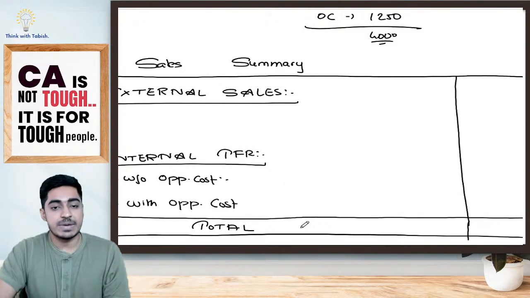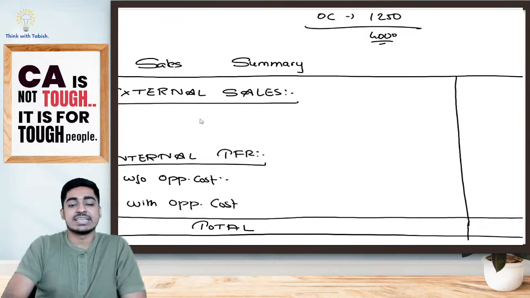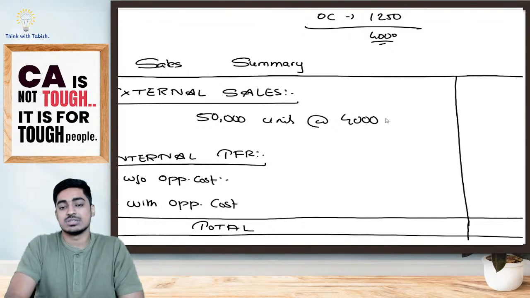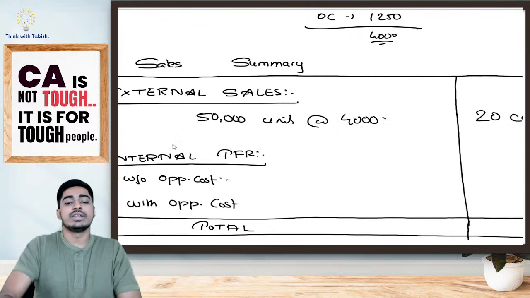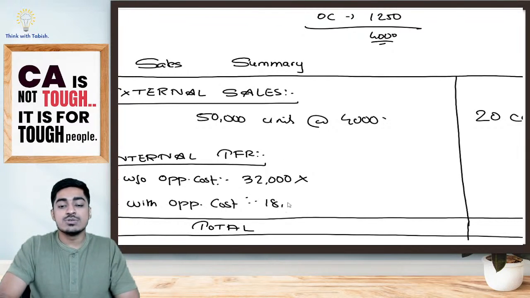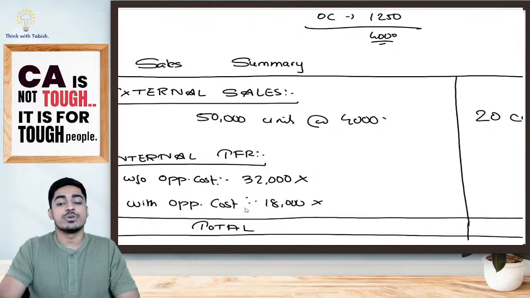So we are going to prepare a summary of the sales. Externally, we've sold 50,000 units at the rate of 4,000, so it comes to 20 crores. Now internal transfer without opportunity cost: 32,000 units have been transferred, for which there was no opportunity cost. 18,000 units have been transferred for which there was opportunity cost.